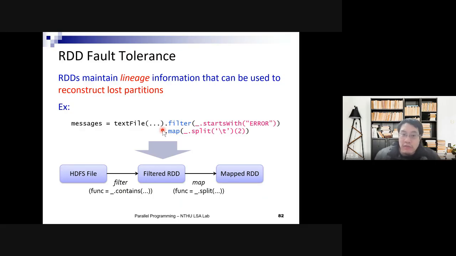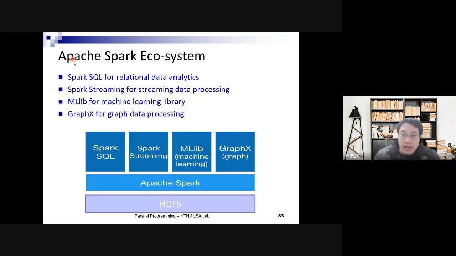So this technique has been used before in databases, but Spark also borrows it into its system to make sure the RDD is resilient to failures. All right, so that's the secret of Spark.